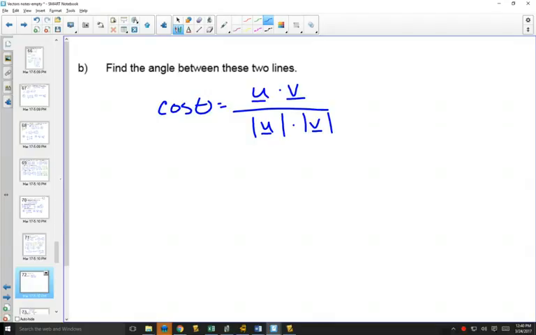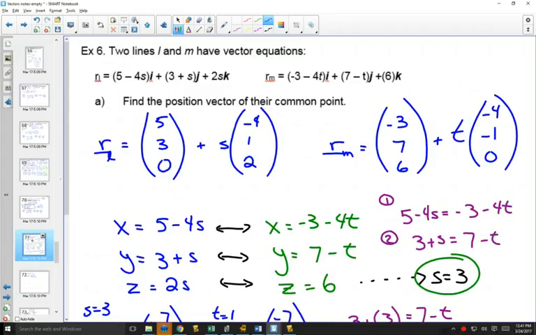Earlier I said this whole question was out of 7 marks. I lied. Sometimes this question alone is 7 marks. And it's not hard. But you get 2 marks for choosing the right vectors to use. So when we're looking at our 2 equations, RL and RM, and I want to find the angle between those, of those 4 vectors, which do I choose?